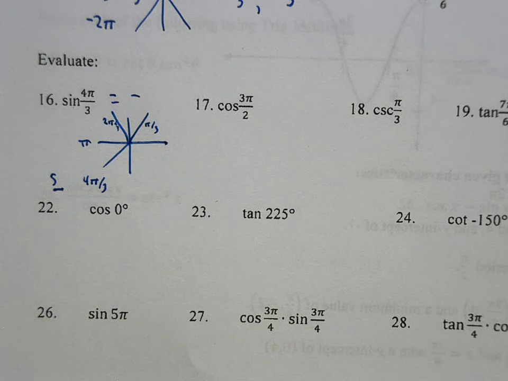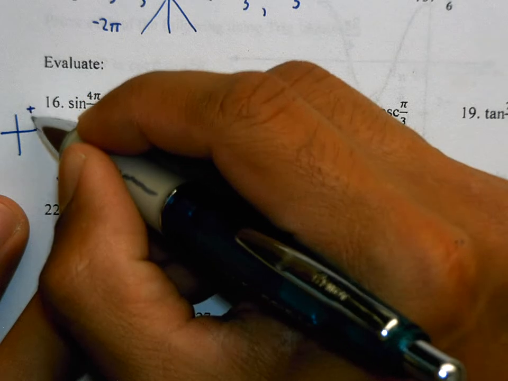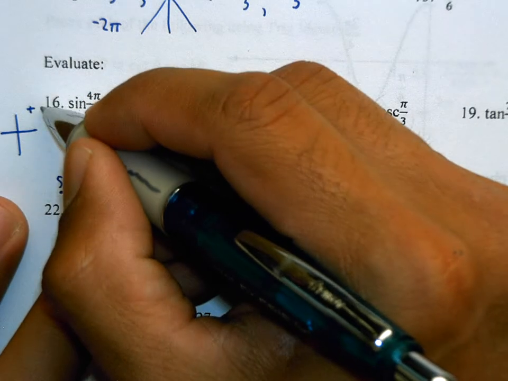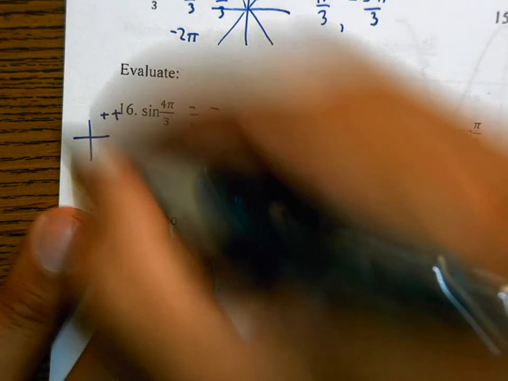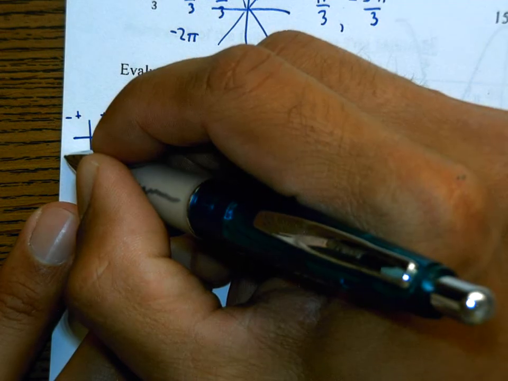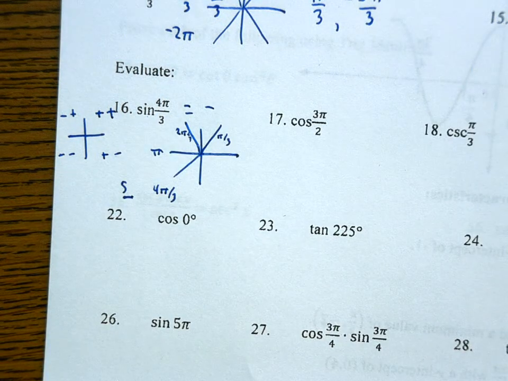So I want to give you a reminder. We learned way back that cosine was positive and sine was positive in quadrant 1, and that it went negative, positive, negative, negative, positive, negative, as far as cosine on the left, sine on the right.